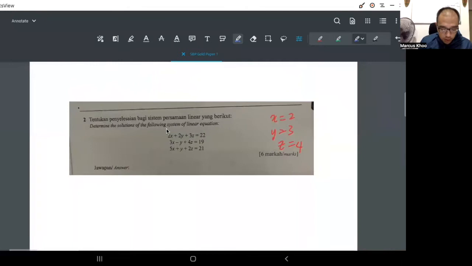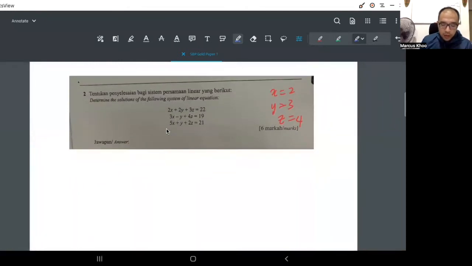Question number 2. This is a solution of 3 equations. The answers are x equals 2, y equals 3, z equals 4. Just to remind you that there are 2 ways to answer this question. One is by the elimination method, and the second one is by the substitution method.